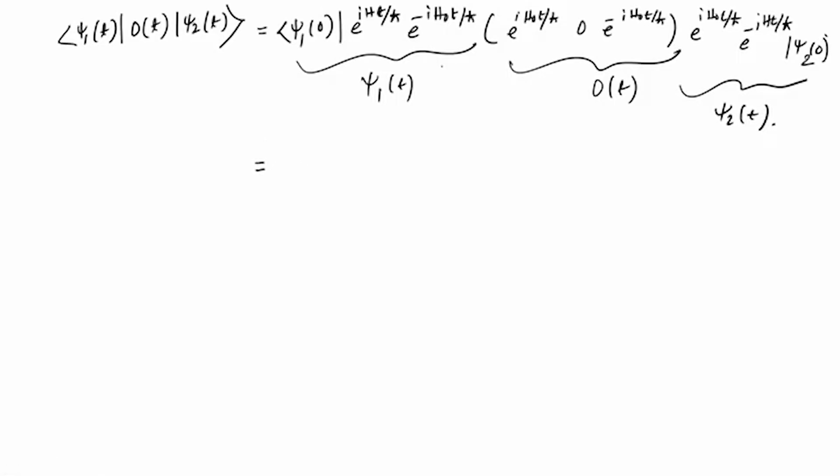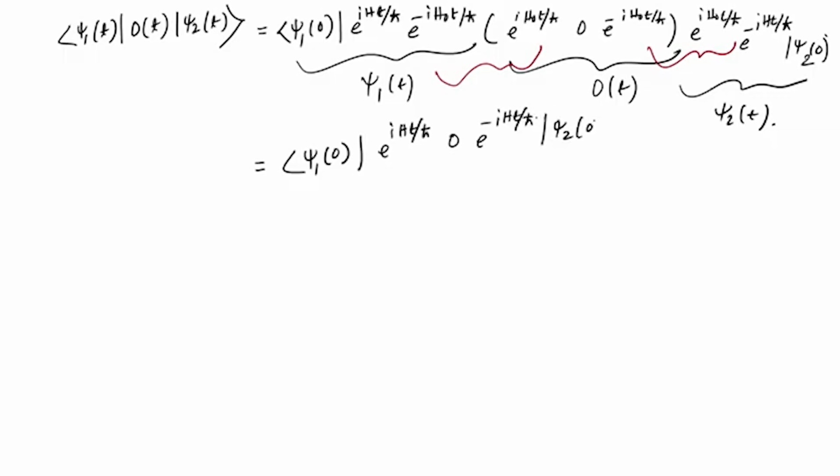So, these two, let me use a color here, these two are going to give me 1, and these two together will give me 1, and that will tell you that this has the form psi 1 of 0, and then you have exponential i H t over h cross and O, and then exponential minus i H t over h cross, and then you have psi 2 of 0.